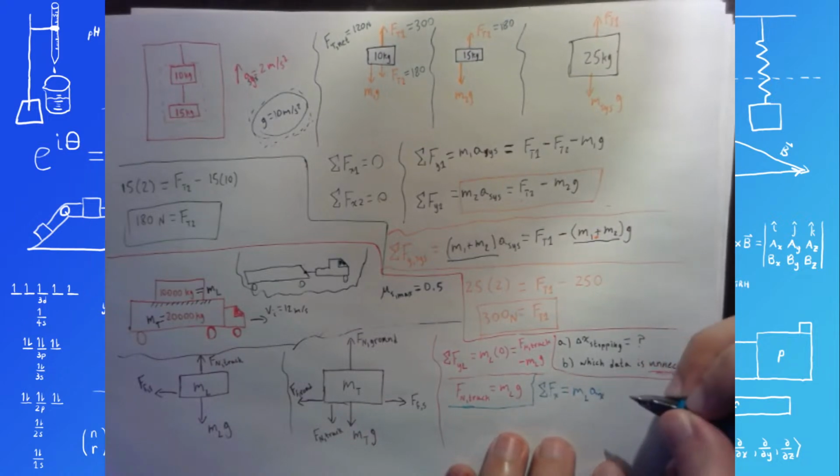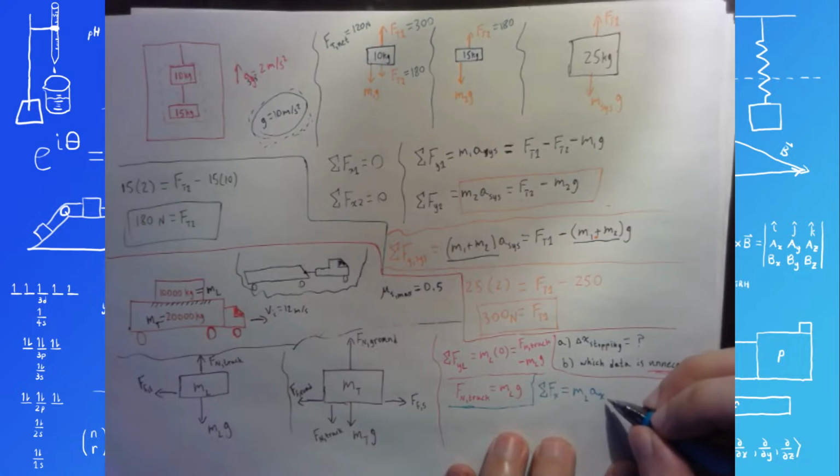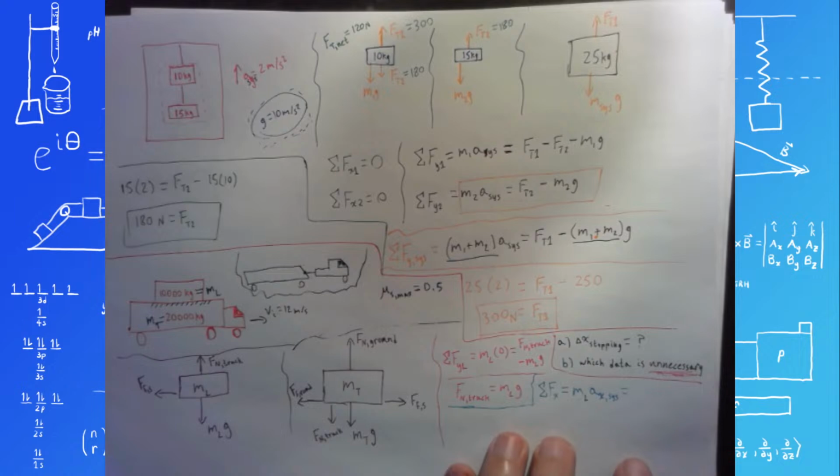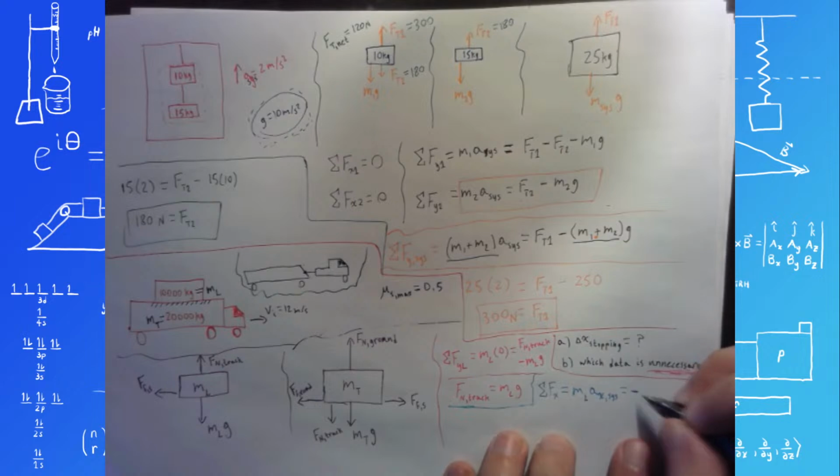So that's mass of the load times, I'll just call it acceleration x of the system, is equal to forces right minus forces left. Well, all we have is a force to the left, minus force of friction static.